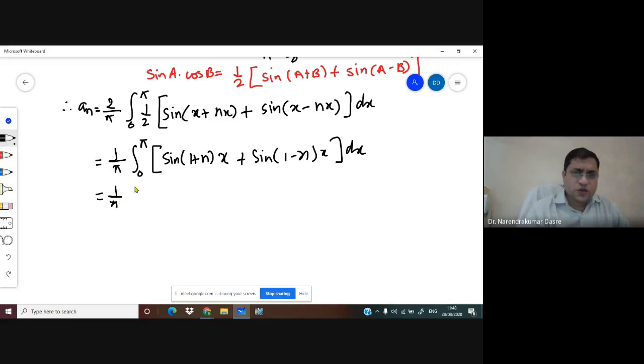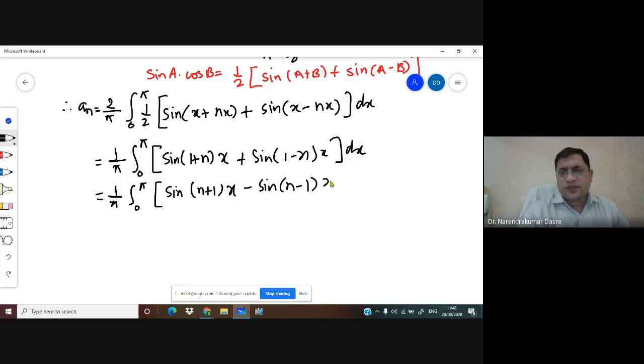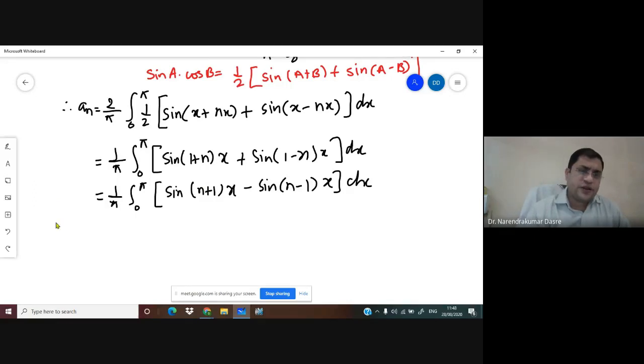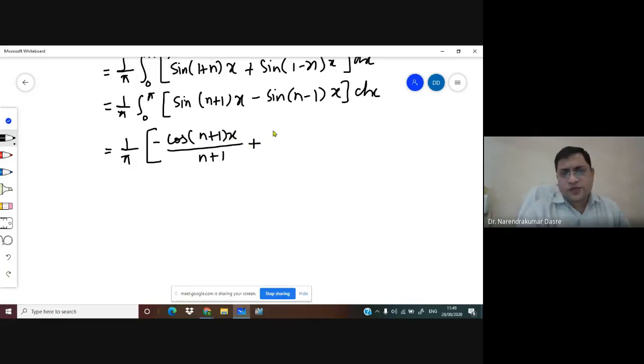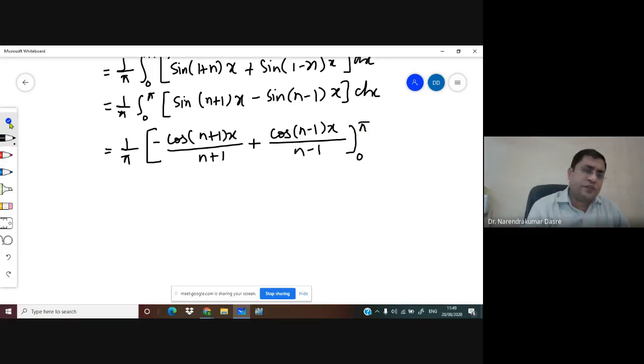Or we can write this as 1 upon pi integral 0 to pi, here we have sin of n plus 1 x minus sin of n minus 1 x dx. So here I have taken this minus sign out, and then we got this expression. Now let us integrate this. So we have 1 upon pi. The integration of sin is going to be minus cos of n plus 1 x upon n plus 1 minus minus plus cos of n minus 1 x upon n minus 1, and the limit is 0 to pi.